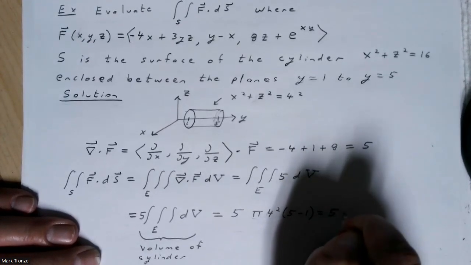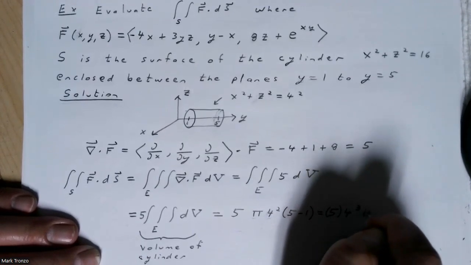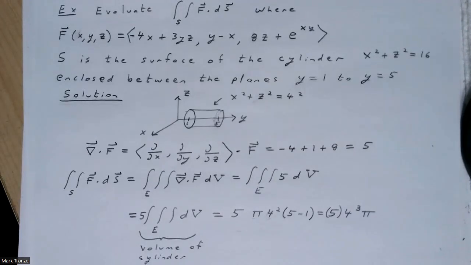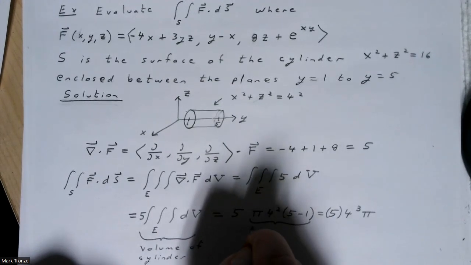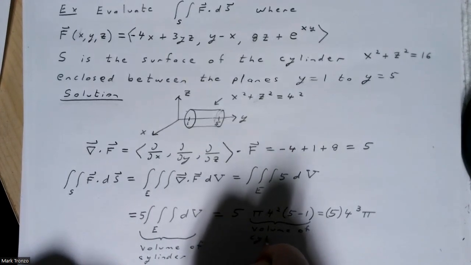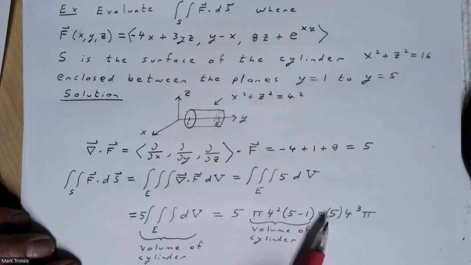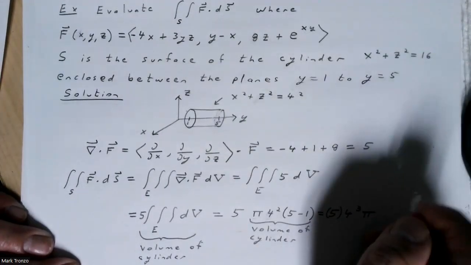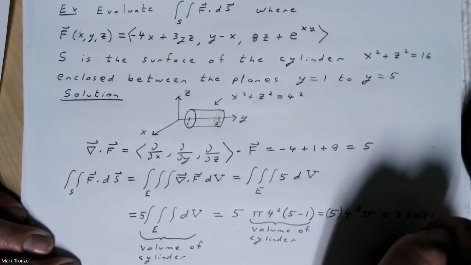So it looks like it's going to be 5 times 4 cubed pi. So again, what we had right here would be the volume of the cylinder. And then we got this, and we put that in the calculator. I got 320 pi.